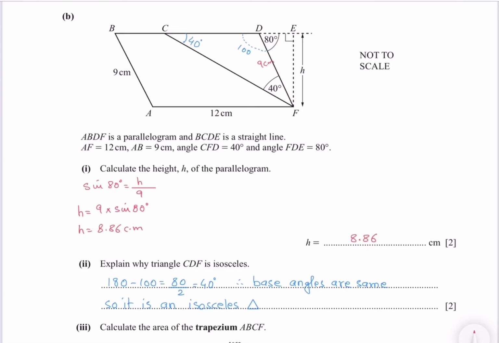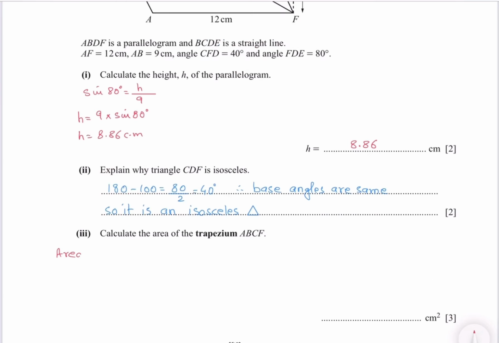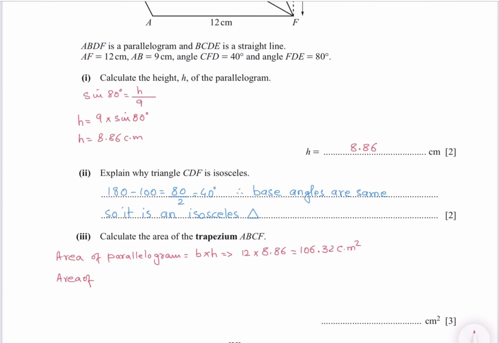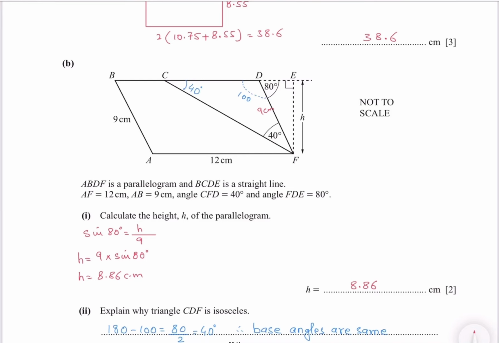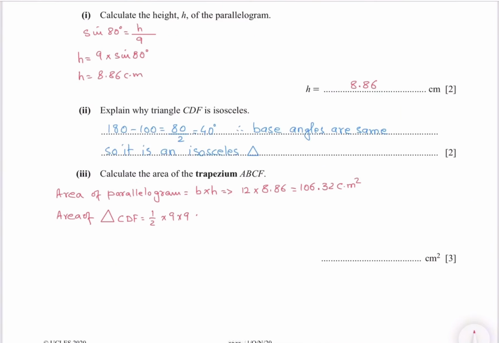Calculate the area of trapezium ABCF. So first area of parallelogram, which is base into height. You have base, you have height. So area of parallelogram is 106.32. Now area of the triangle CDF. So 1 over 2 into side into sine of theta.